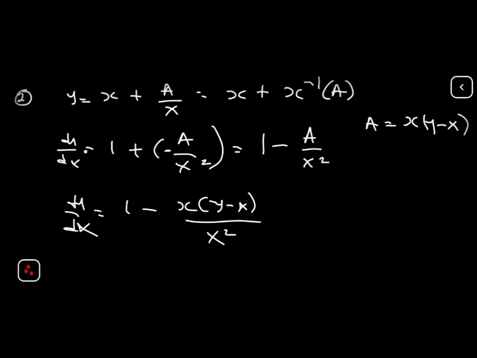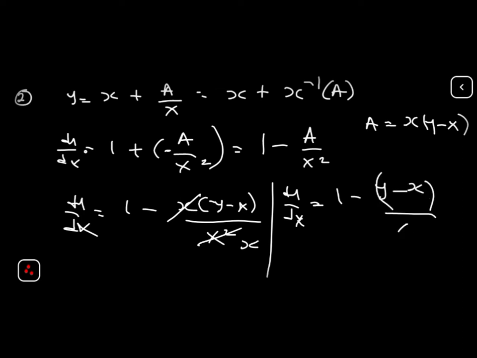So x would cancel x. We would be left with dy/dx is equal to 1 minus bracket y minus x all over x. Here, giving it a common denominator, we would have x minus y plus x. Alright, so let me make some space.